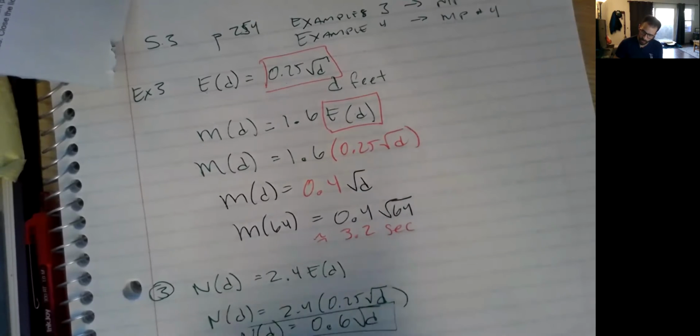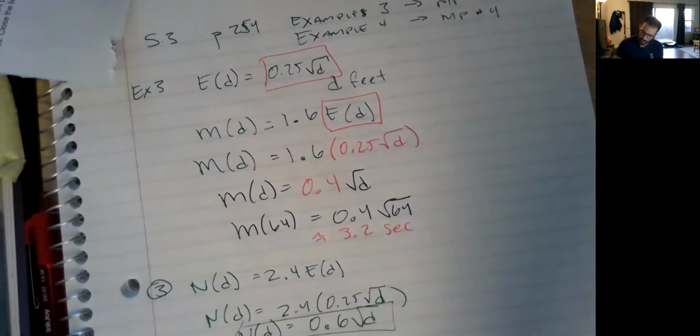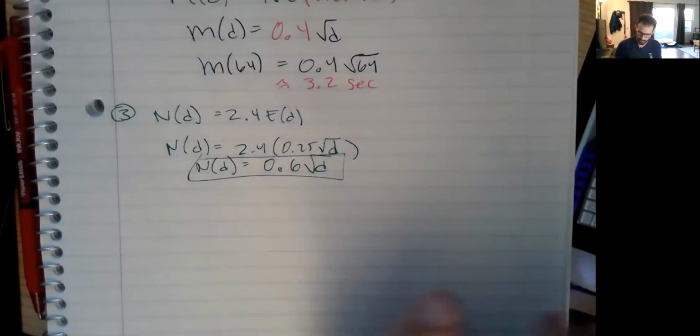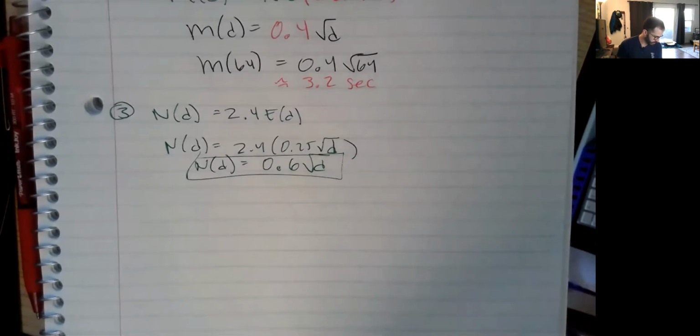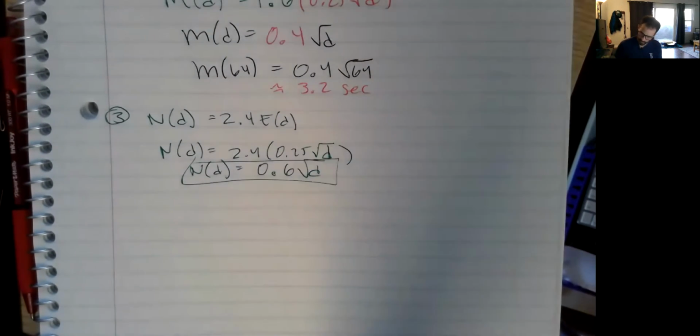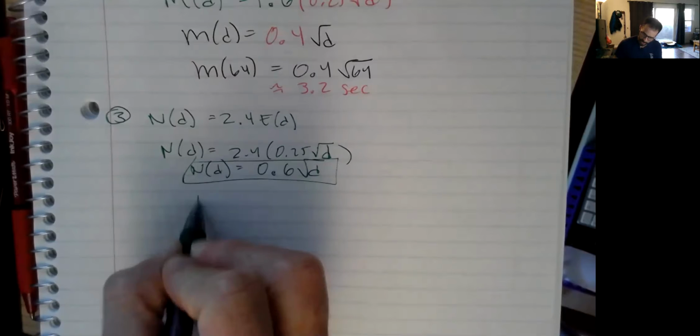So write a rule. I can now just tell you, if we take the square root of how far it's going, times 0.6, that's how long in seconds it takes for an object to fall d feet on the moon. So how long will it take for an object to fall 25 feet on the moon? Let's plug in 25.